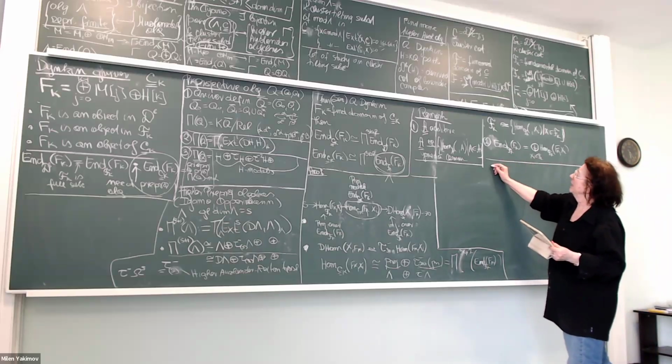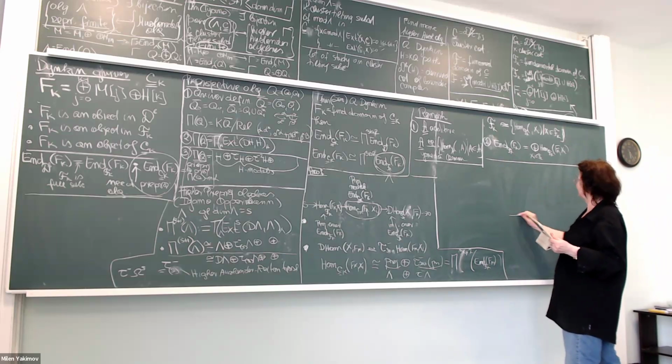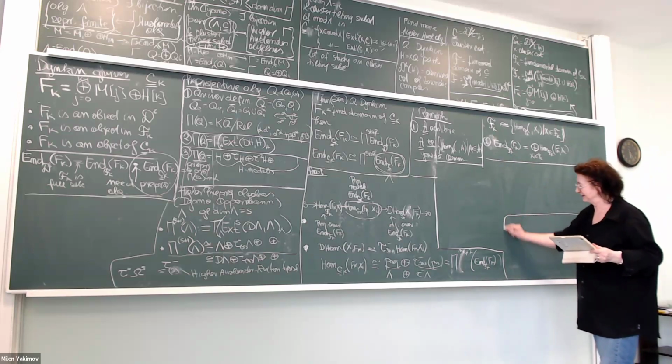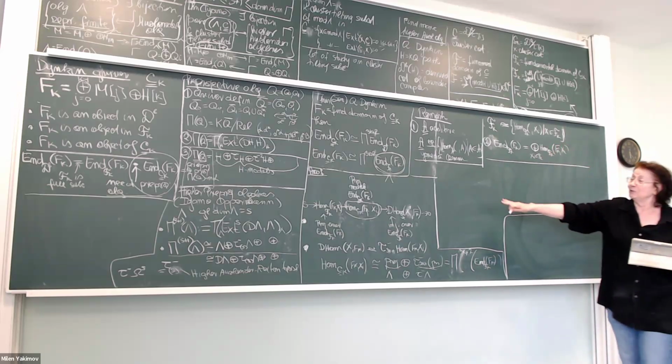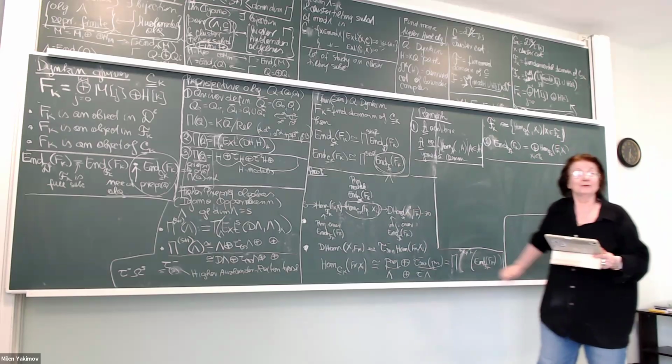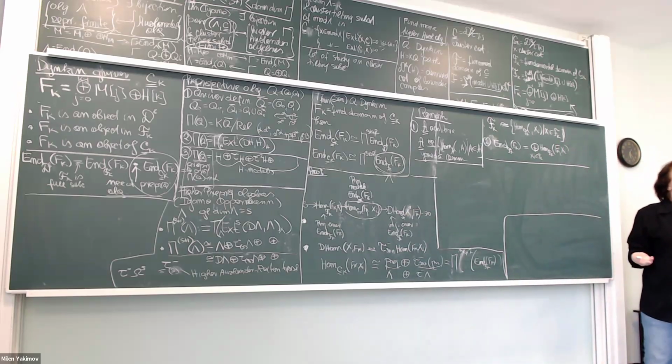Let me write first the theorem the way the analysis is stated. And then I'm going to use these two facts to go from this to this theorem, but now just using functors.